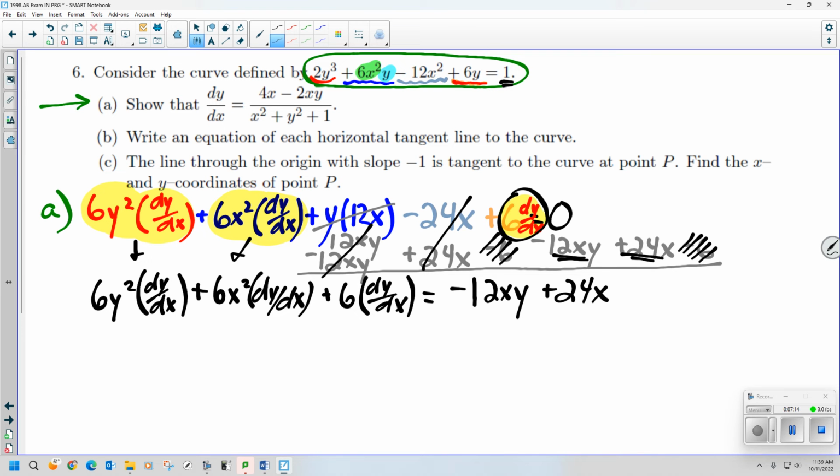At this point, I'm going to divide 6 out of everything. Let's work with smaller numbers, shall we? We'll divide everything by 6. This cancels with everything. That's nice.